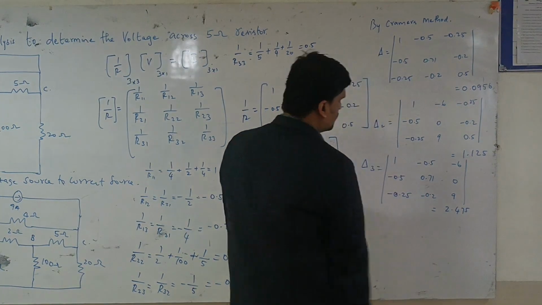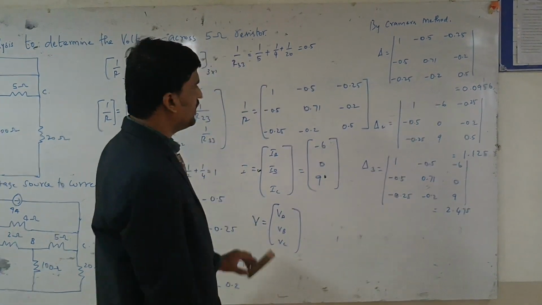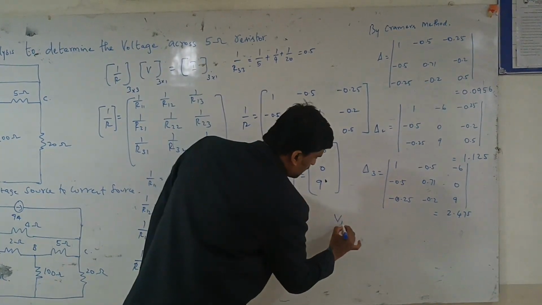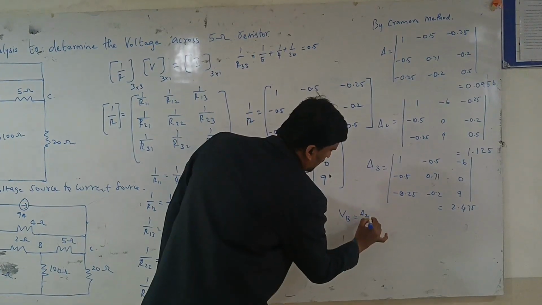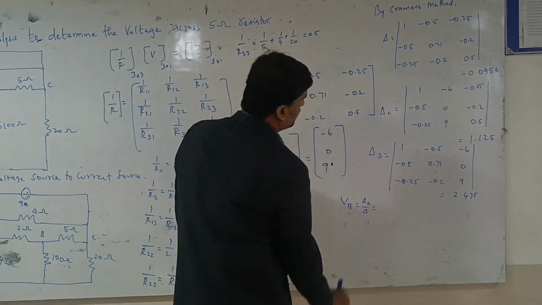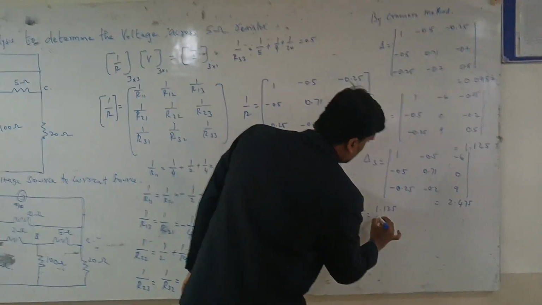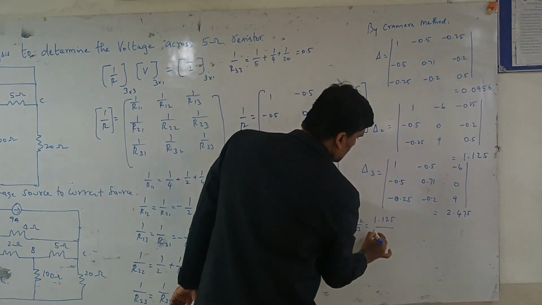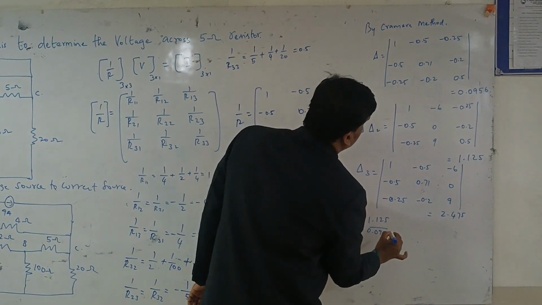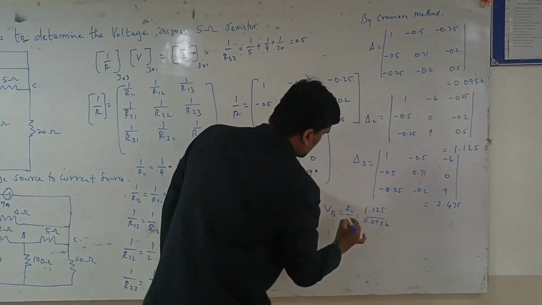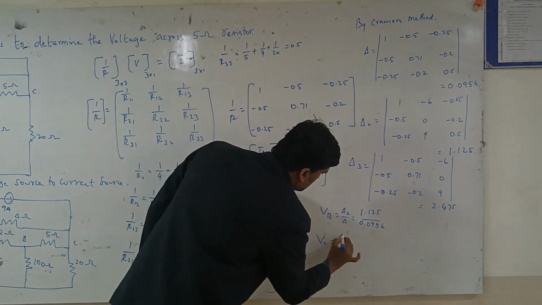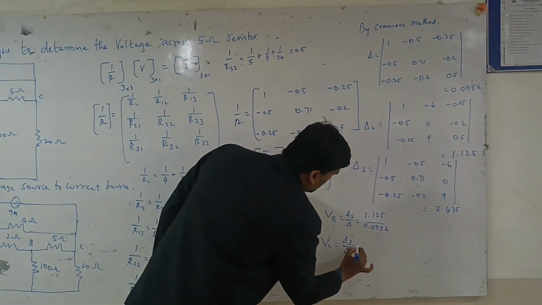So now we can find the values for VB and VC. VB is equal to del 2 by del. The value for del 2 is 1.125 divided by del 0.0956. Next VC is equal to del 3 divided by del.